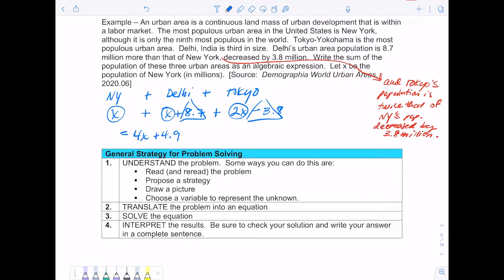Try to propose some kind of strategy. Okay, if you can, draw some kind of picture or even write it out in words, which is what I did. Then you want to choose a variable to represent the unknown, so you can use any variable you want. And as we've been doing, you're going to translate the problem into an equation, and then solve the equation if it asks you to solve it.